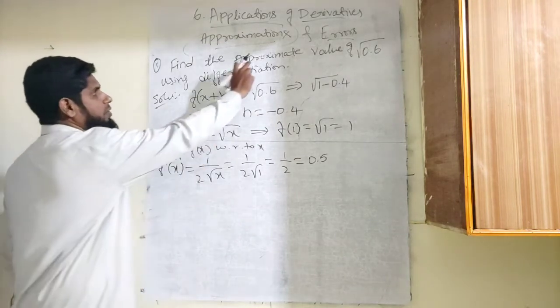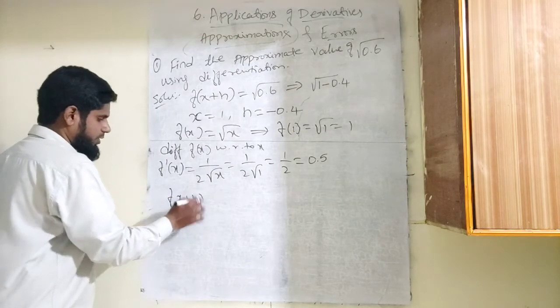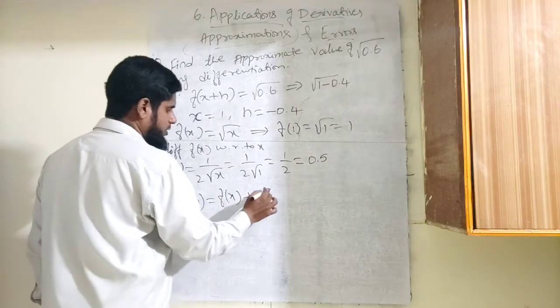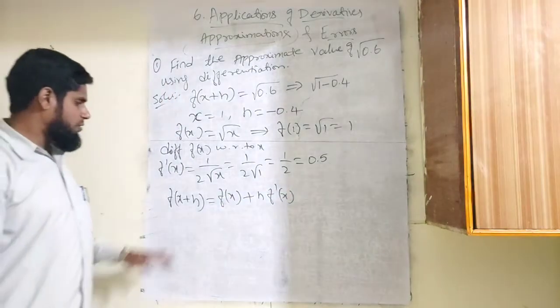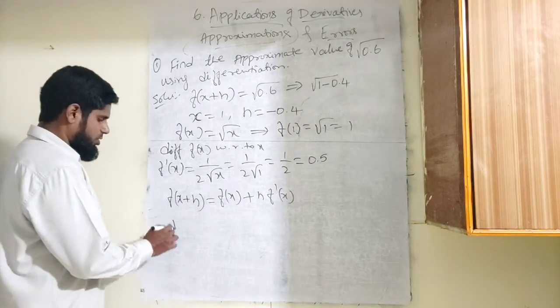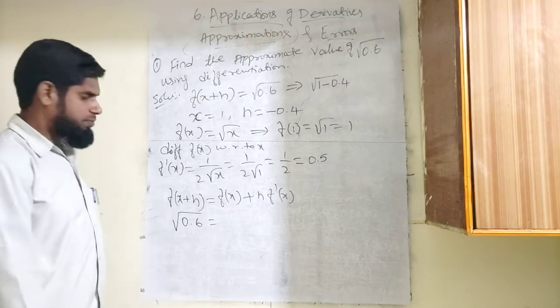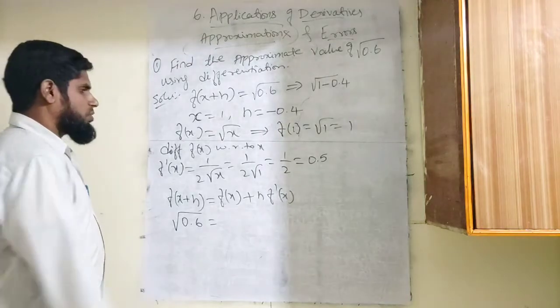The approximate value formula is f of x plus h is equal to f of x plus h into f dash of x. Let us substitute the values in this formula. So f of x plus h is 0.6 is equal to, what is f of x at x is equal to 1?